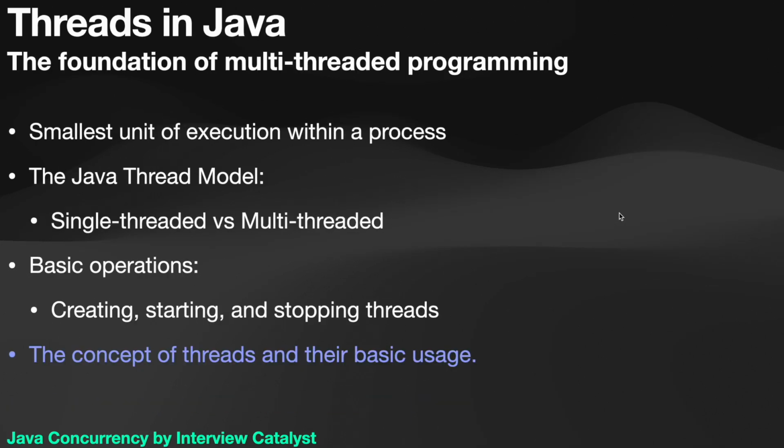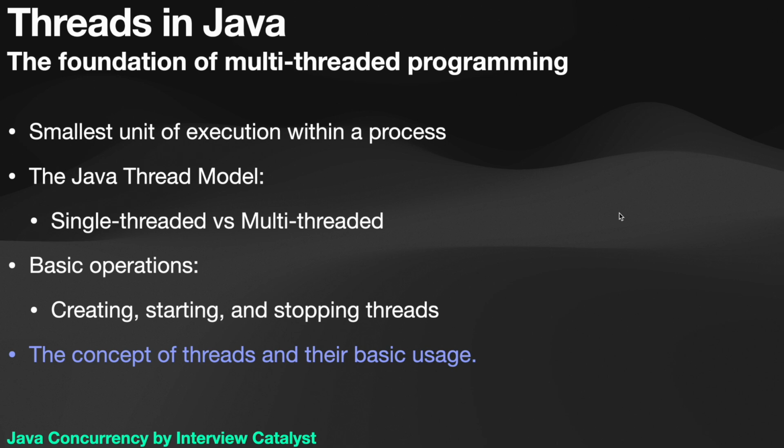Threads in Java, the foundation of multi-threaded programming. Thread is the smallest unit of execution within a process. The Java thread model, single-threaded versus multi-threaded. By default, our Java application is single-threaded where the execution used to happen from the main method.